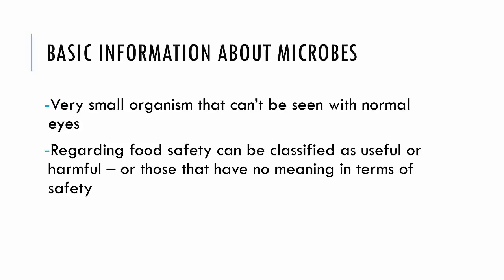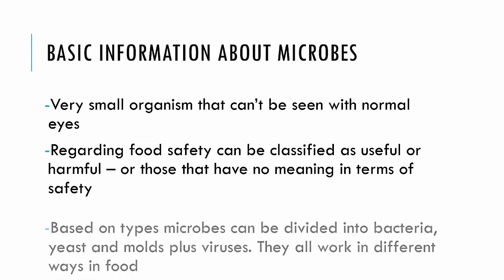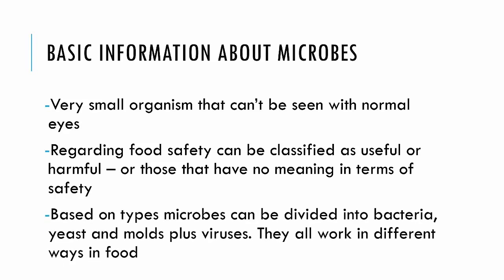Those that are harmful to us and our safety. And then the 3rd category, those that have no meaning in terms of safety. Doesn't affect us. Another way of dividing microbes into categories is dividing them into bacteria, yeast and molds, and then viruses. They all have a bit of a different way of working in food goods.